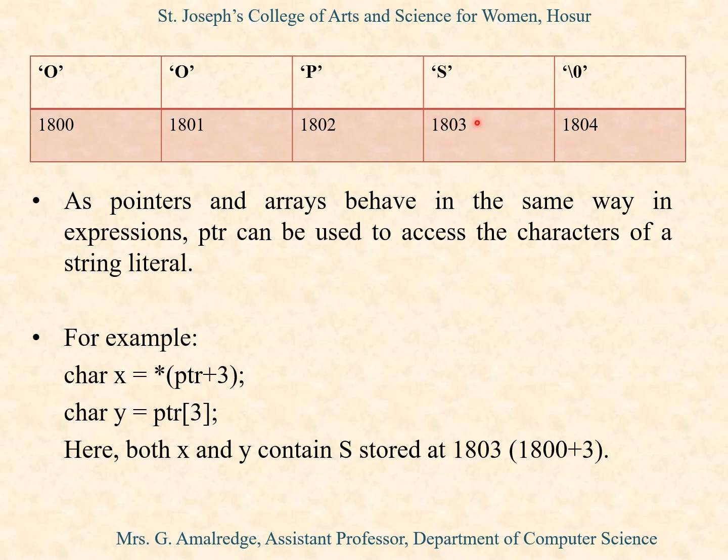So the value of x is s. And ptr[3] is the pointer used with arrays: array 0 is o, 1 is o, 2 is p, and the array's third value is s. So y also contains the value s.